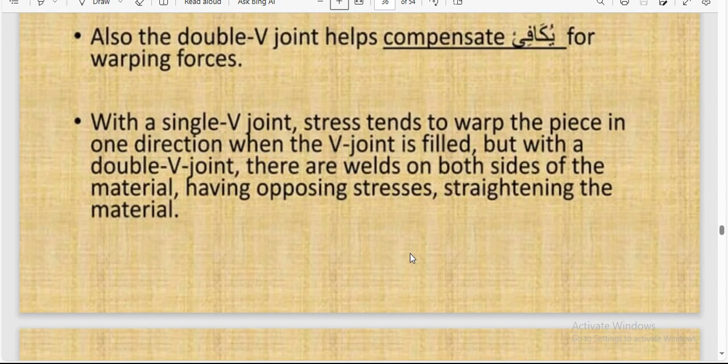With a single V joint, stress tends to pull the pieces in one direction when the V joint is filled, but with the double V joint there are welds on both sides of the materials having opposing stresses, strengthening the materials.